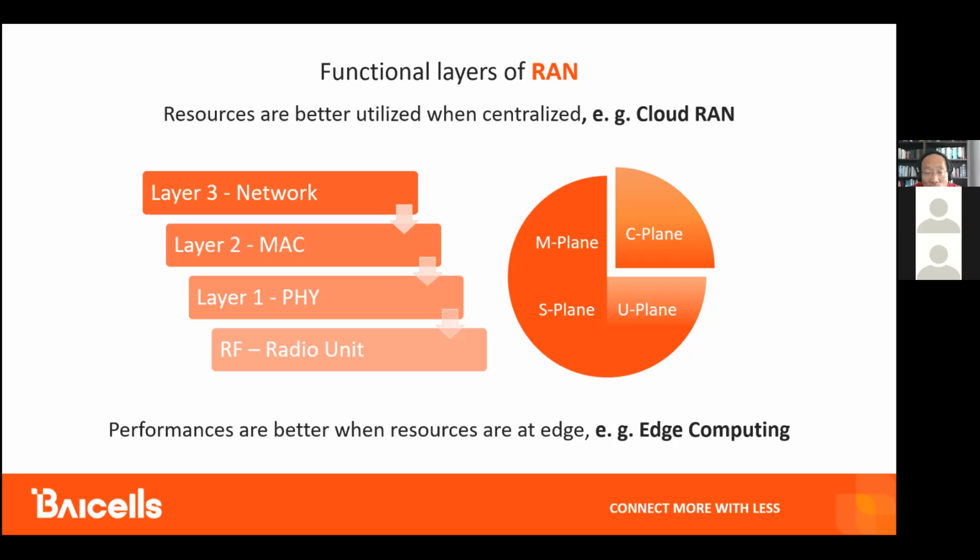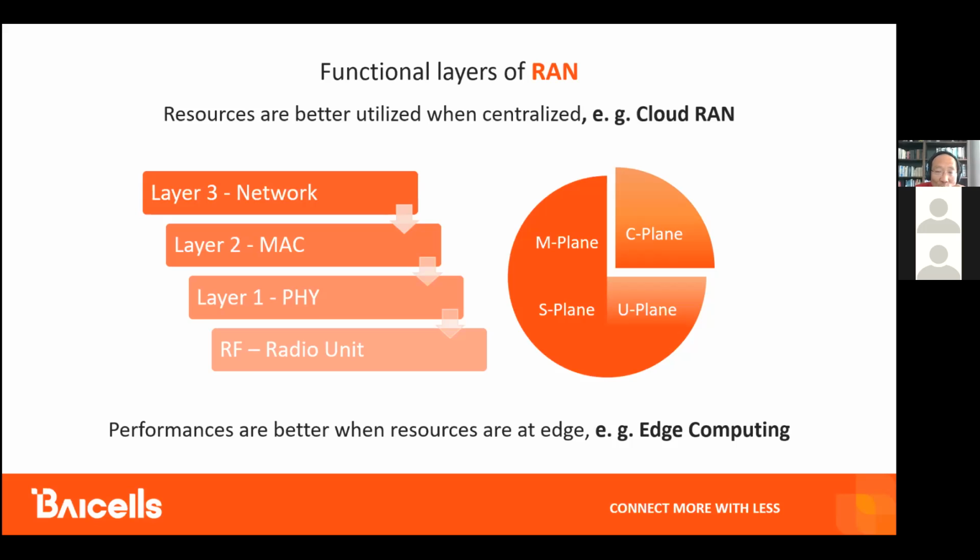And there is also a signaling plane where you manage the signaling of the RAN. Why do you split on a plane level? It is because by splitting them, you can terminate different planes at different layers and gain flexibility.